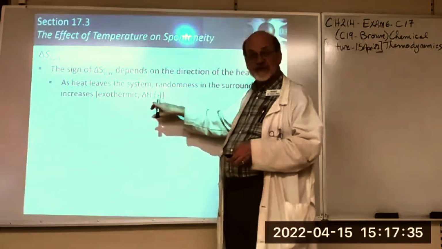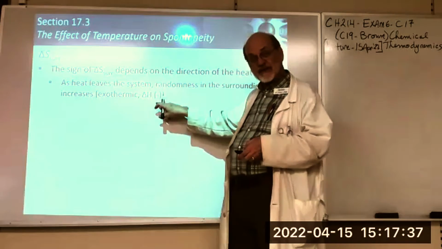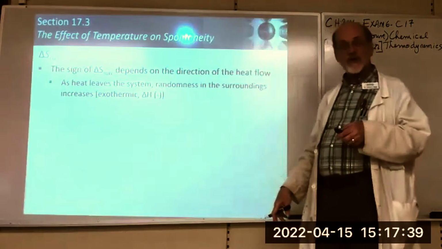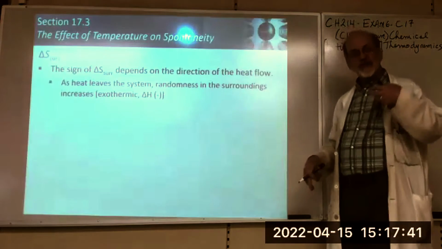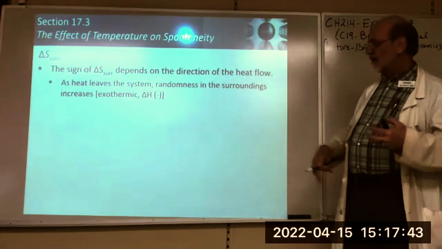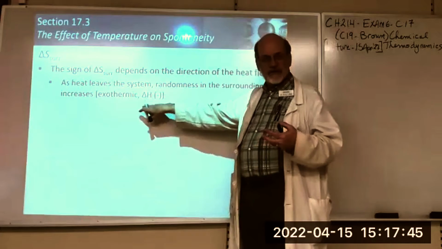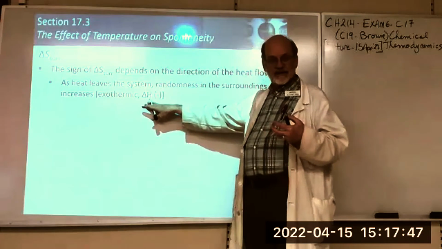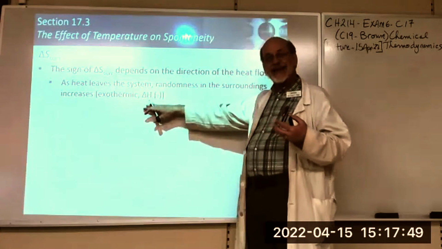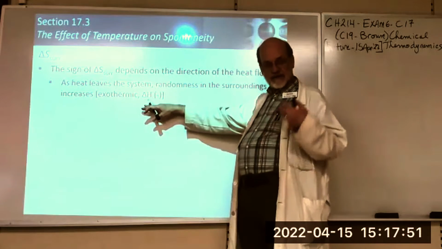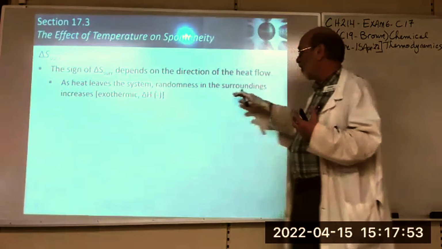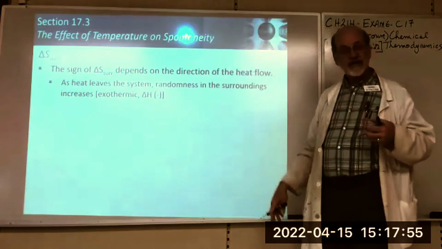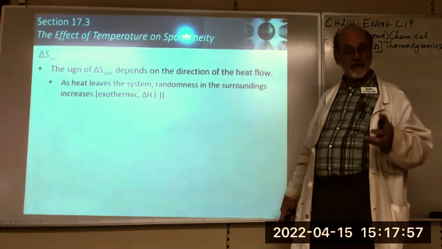So exothermic, which is delta H negative, right? Remember, exothermic is always in relationship to the system. This heat transfer is negative because heat is leaving the system. But it's also increasing the delta S for the surroundings. So that should be a positive value.